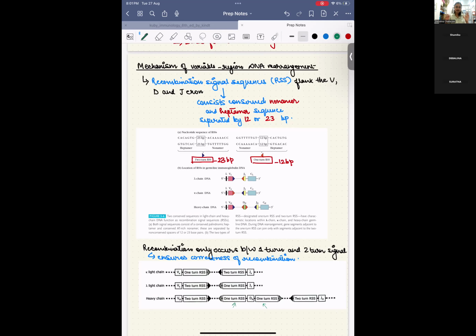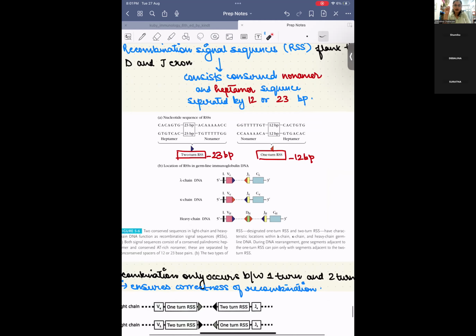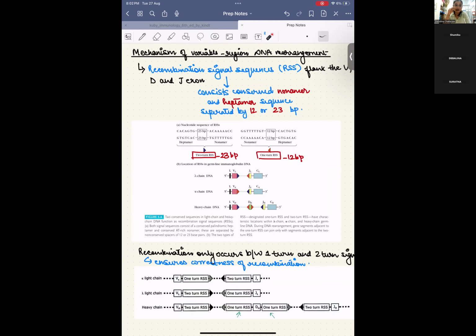So flanking is the right word, that on either side possibly we can have what we call a recombination signal sequence, RSS in short. So RSS is a signal sequence, which means it is going to signal something. What is it signaling? It is going to signal the binding of the RAG complex that we just mentioned.